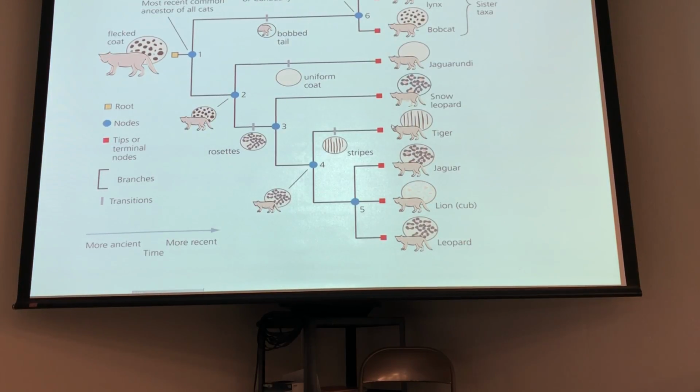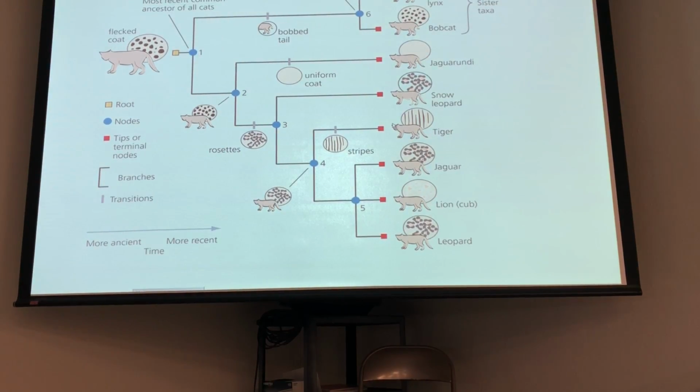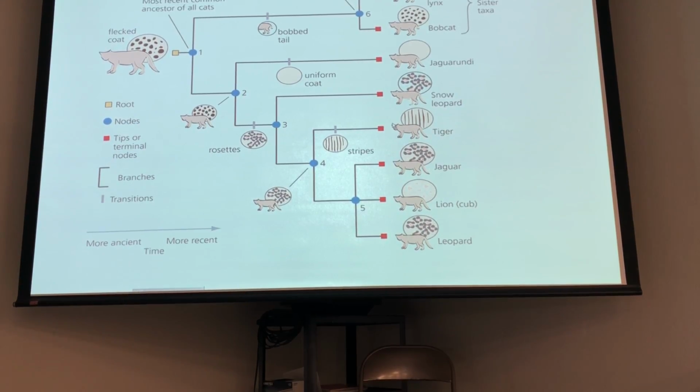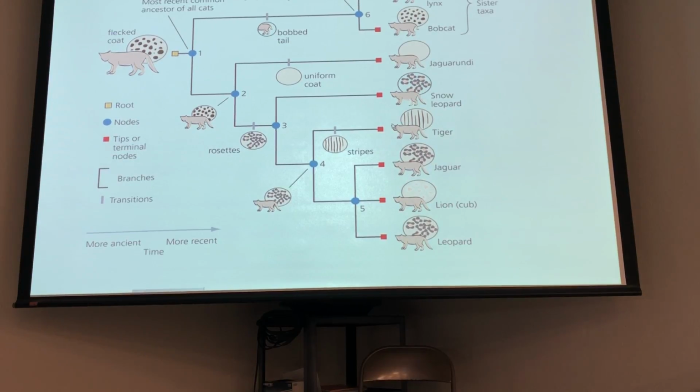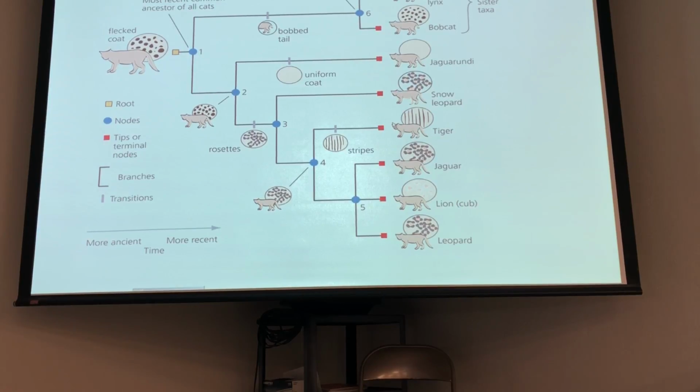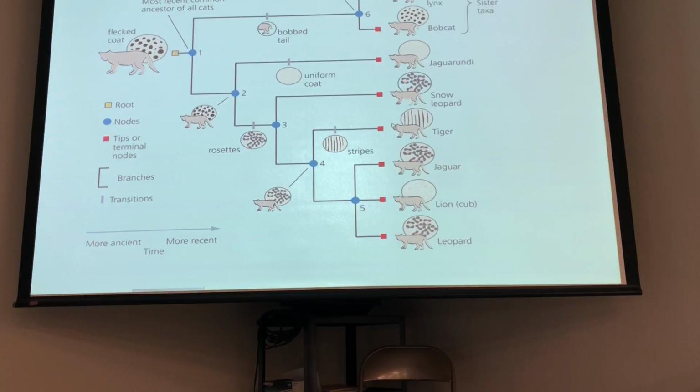So we'll start out with looking at the structure of a tree. This is a phylogenetic tree. Another jargon term for something like this, if it's formed using cladistics, is a cladogram, which means an evolutionary tree, a phylogenetic tree. They're often called cladograms. This happens to be of a number of cat species. You can see we have Canada lynxes, bobcats, tigers, jaguars, jaguarundis, if you know what that is. A number of different species of cat.